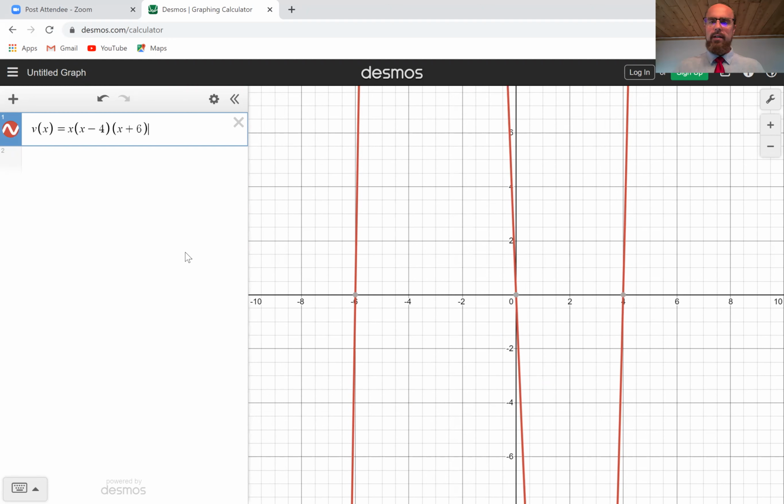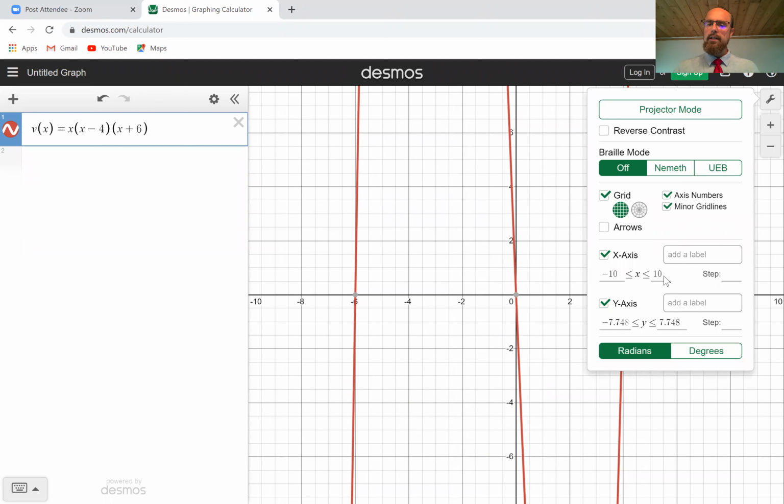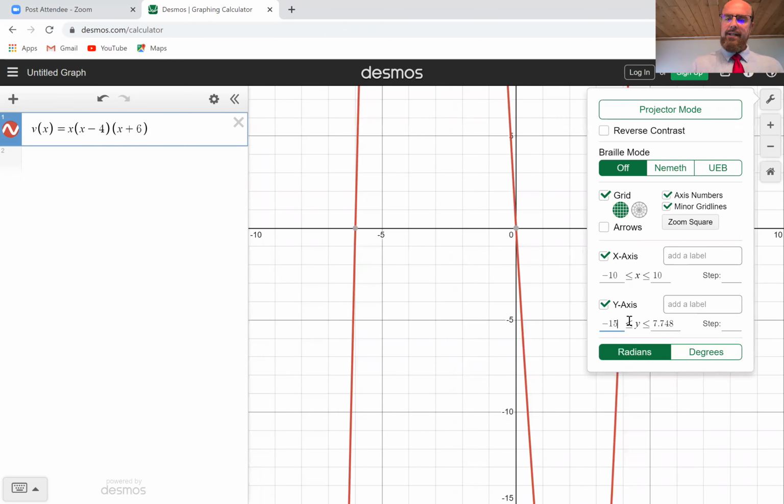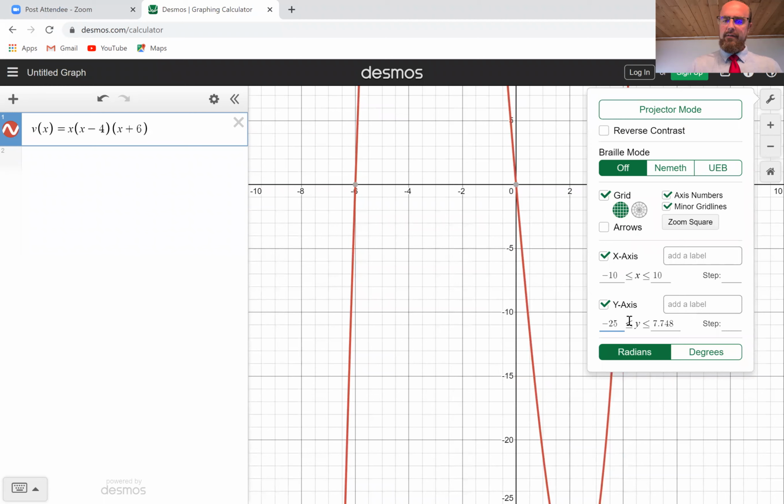And I see right away that I've got my graph going off the screen. So I can just hit the zoom out button, or because I see my x dimensions are pretty good there, capturing most of the graph, I can just adjust the y. So you just make a guess. I'm going to say negative 15. That's not quite enough, so let's go negative 25.